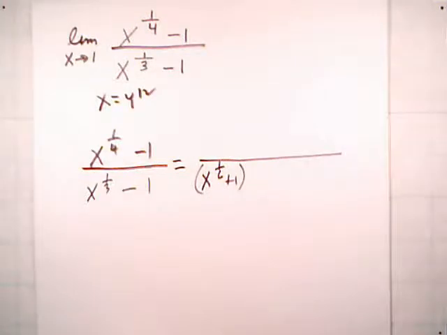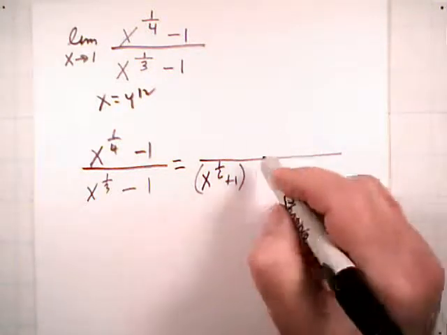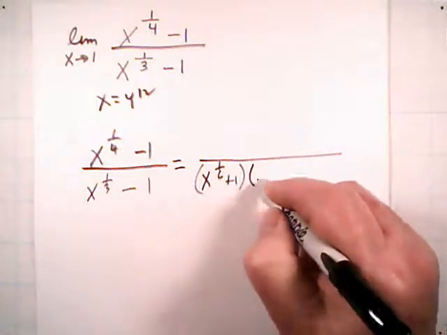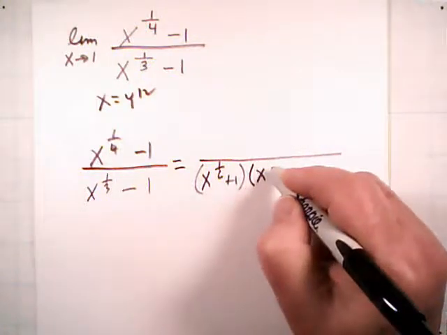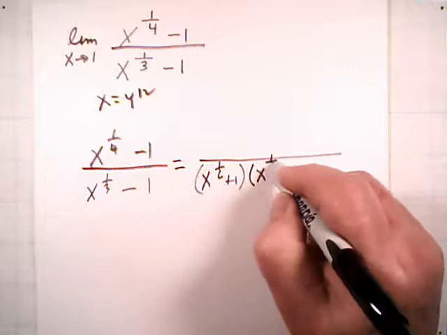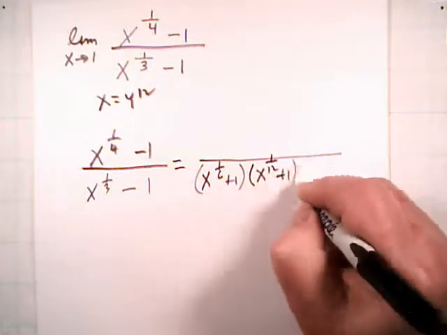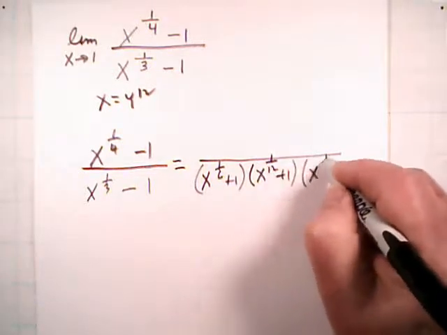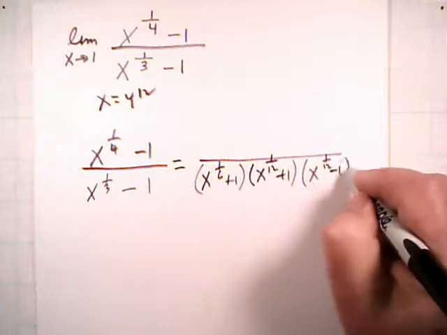But x to the 1/6 minus 1 is also the difference of two squares. So that becomes x to the 1/12 plus 1 times x to the 1/12 minus 1.